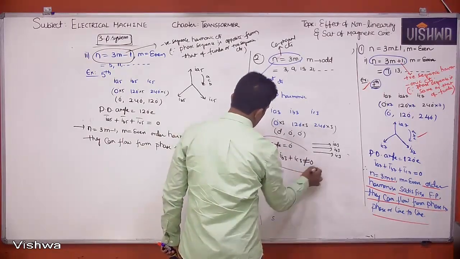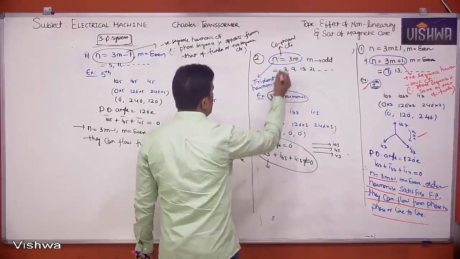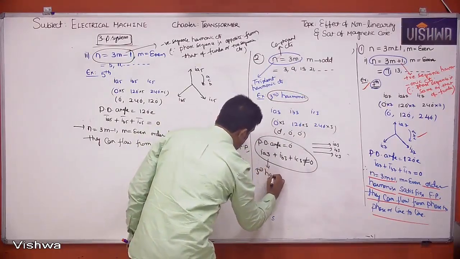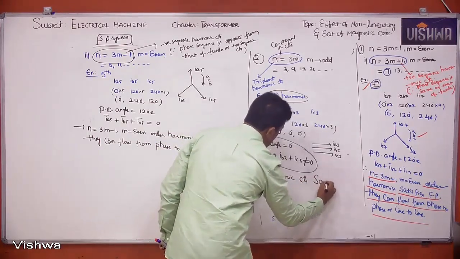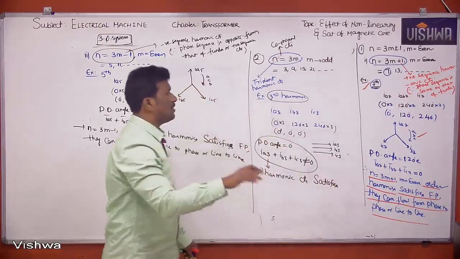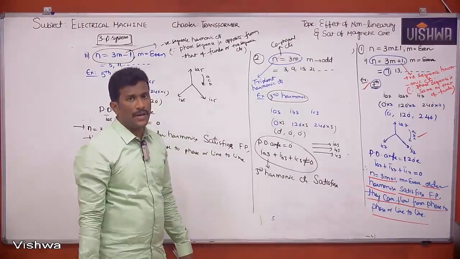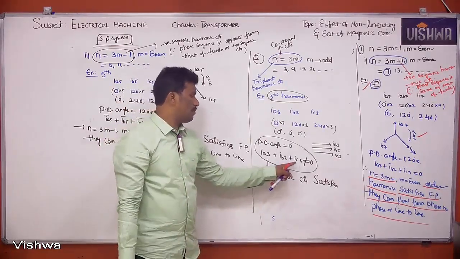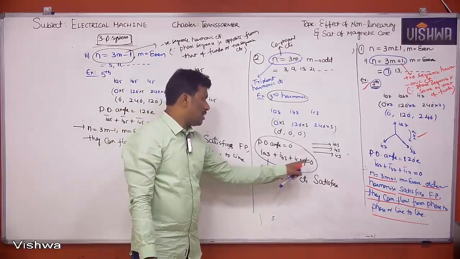From these two statements, tell me: do n equal to 3m, or the third harmonic currents, satisfy the fundamental property or not? Fundamental property means phase displacement angle should be equal to 120 and vector sum should be equal to 0. But here the phase displacement angle is 0 and the sum is not equal to 0.